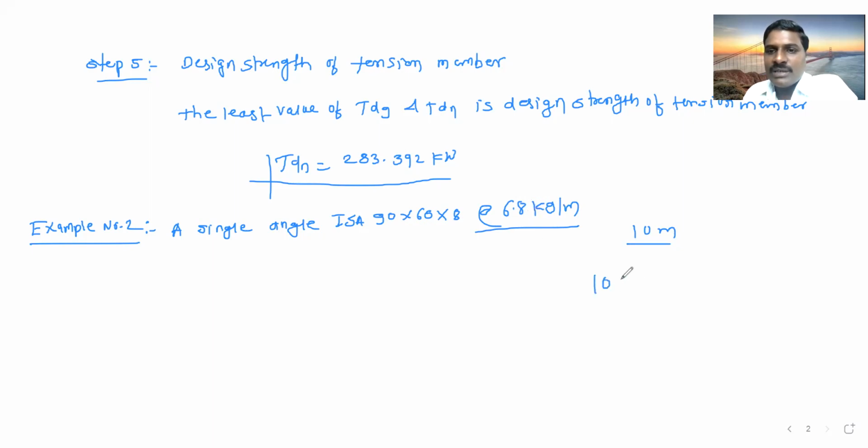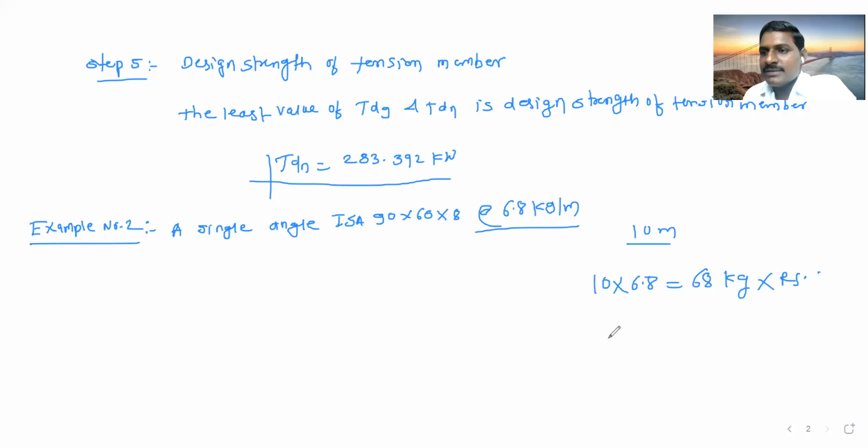6.8. So 10 into 6.8 is 68. What is 68? The kg weight. Now we have to multiply by the rate in rupees.